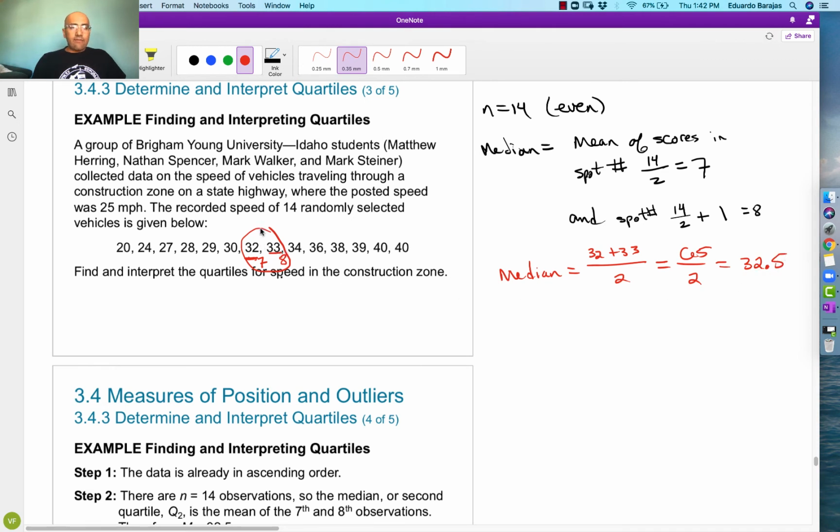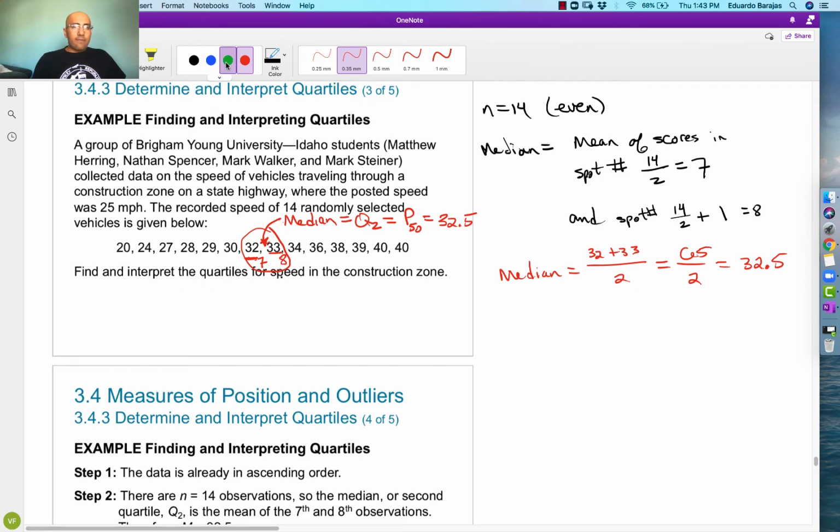So 32.5 right in the middle is our median, which is also equal to Q sub 2, which is also equal to P sub 50. It goes by all those names: the median, the second quartile, P sub 50, and in this case it's equal to 32.5.